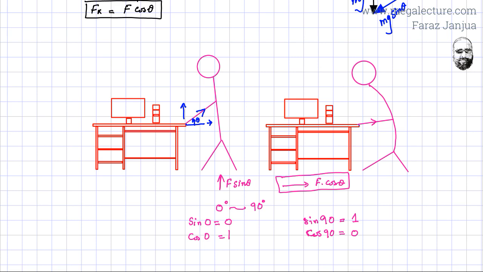So as you change the angle from 0 to 90, the cos component decreases and the sine component increases. So it is opposite if you want to lift. If we want to lift, what we do is we take our body more close to the object and make the angle of the arms more perpendicular to the surface of the table, and we can easily lift it.